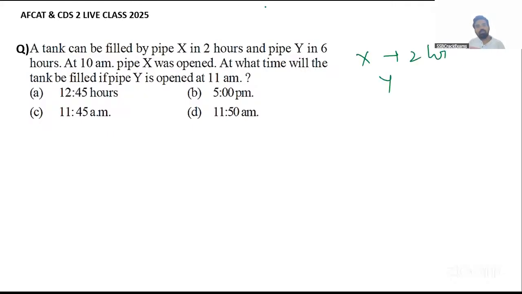Y fills in 6 hours. So see, 1 hour work of X will be 1 upon 2, and that of pipe Y is 1 upon 6.